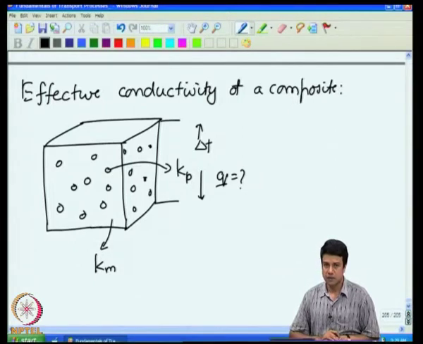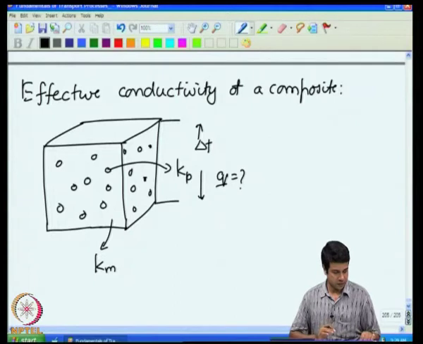If the particles were not present, the effective conductivity would just be the conductivity of the matrix itself. However, because the particles are present, there is going to be either an increase or a decrease in the conductivity of the material, depending upon whether the particles are more or less conducting than the matrix.